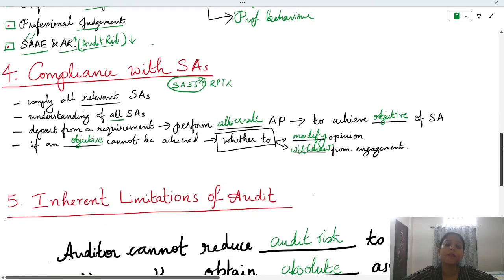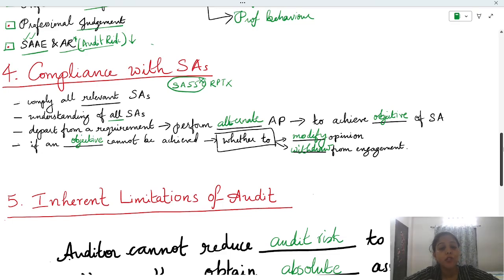Then compliance with SAs. The auditor has to comply with those standards which are relevant to that particular entity. For example, when we discussed related party, we said that SA 550 is not applicable if related party transactions are not in the entity. And the auditor's aim is to achieve the objective of the standard.